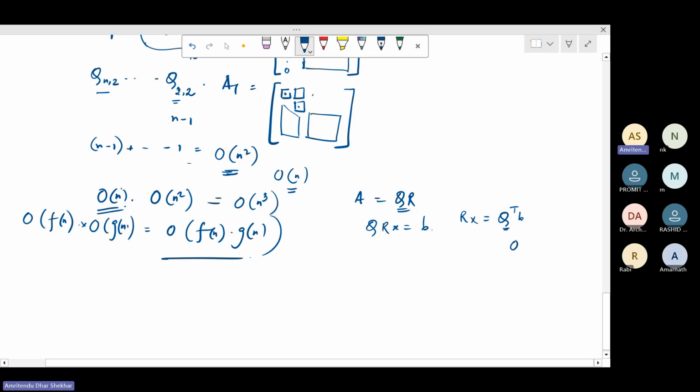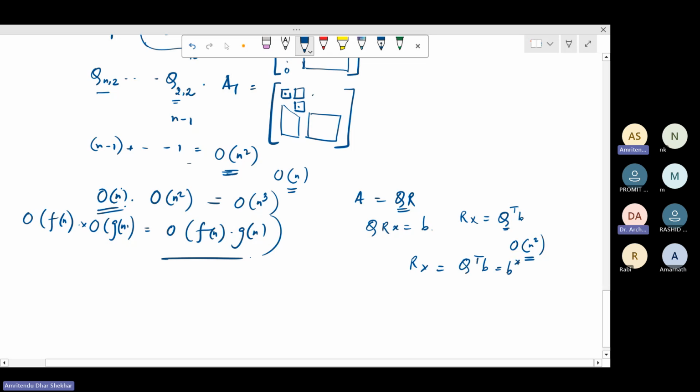The complexity of computing Q transpose B is O of n squared. Multiplying a matrix with a vector takes O of n squared. Then you have Rx equals this Q transpose B, which you can write as B star.